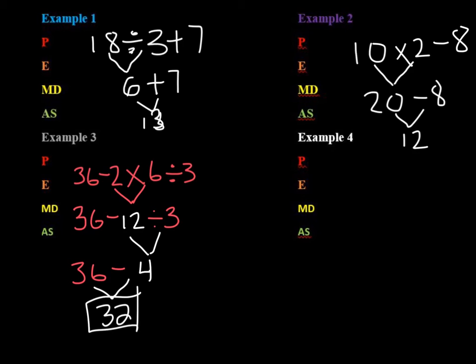Alright, so let me give you one to try, and then I want you to pause the video, try it out, and then come back and check your answer with mine. So 4 minus 12 divided by 4 times 2. Pause the video, try it out, and then come back and check your answer.